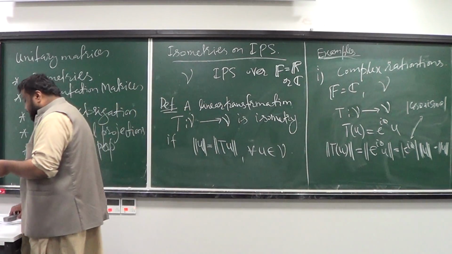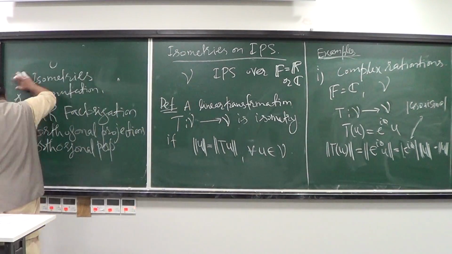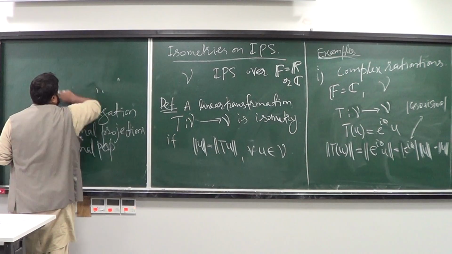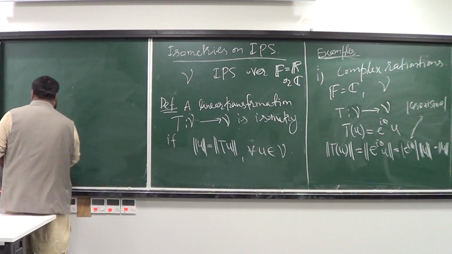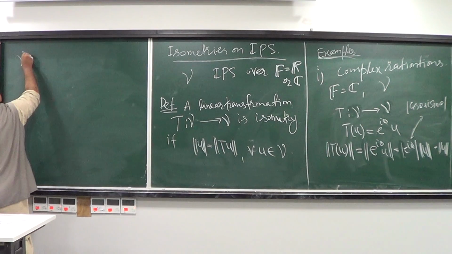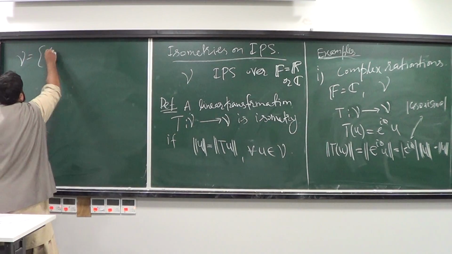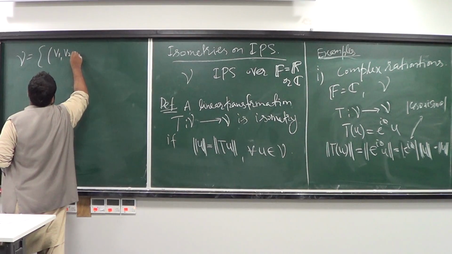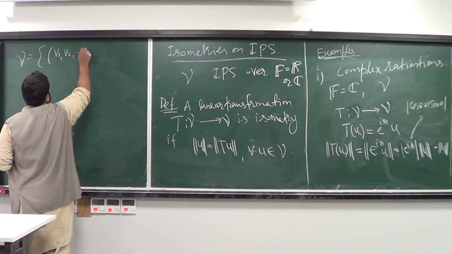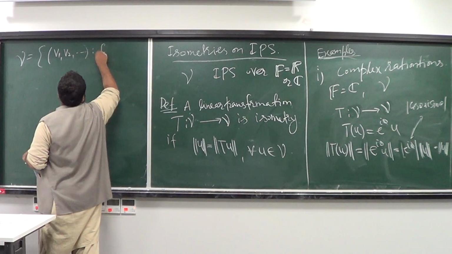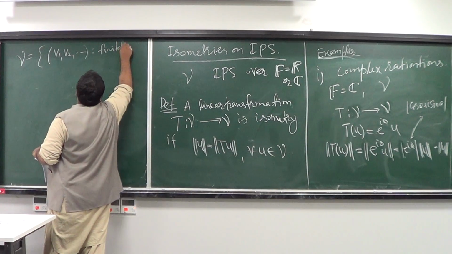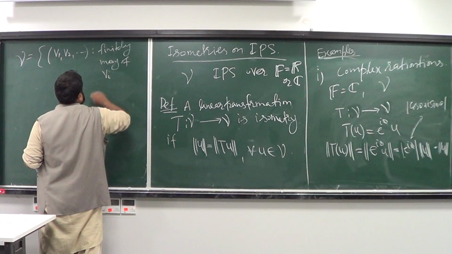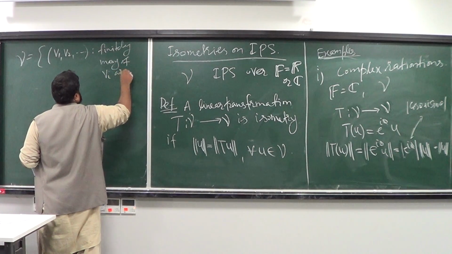Let's talk about another example. Let's talk about an infinite dimensional space in which you have finitely many non-zero entries. So you can see that the collection of vectors v1, v2, up to vn, and so on and so forth, where finitely many of the vi's are non-zero.